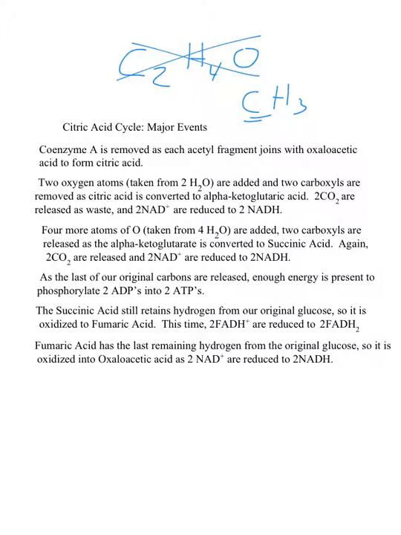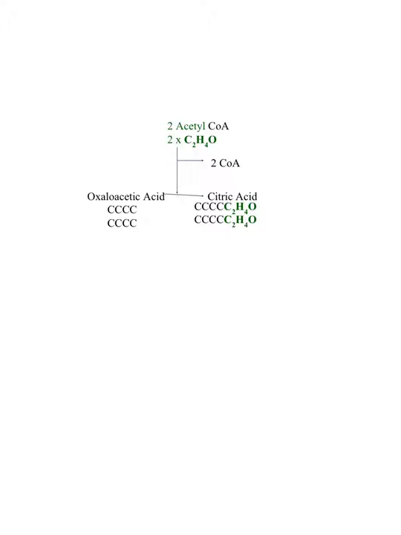So it's easier to see in a flow chart. So let's look at a really cool flow chart. Okay, now here's where we left off. Up here, we had our acetyl fragments, two of them, being carried by coenzyme A into this next set of reactions. Each fragment has 2 original carbons, 4 original hydrogens, and 1 oxygen.